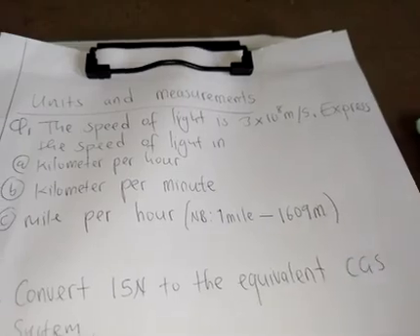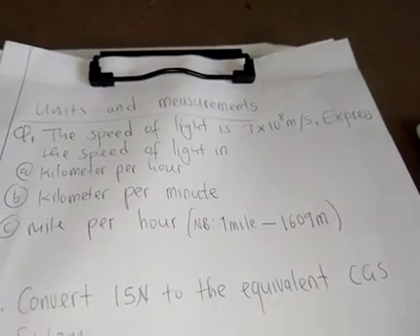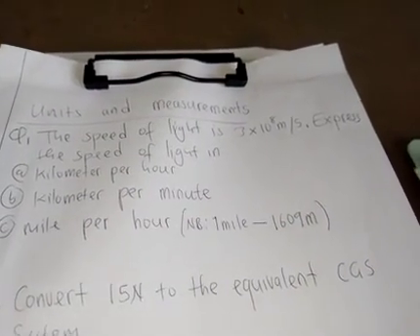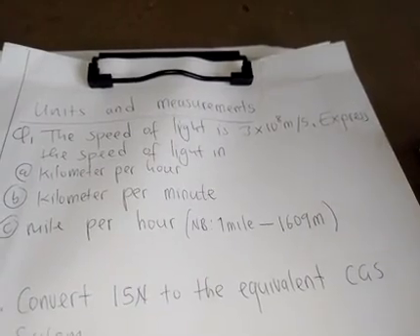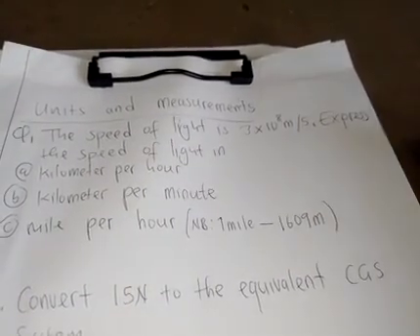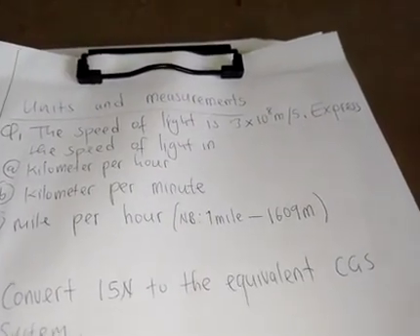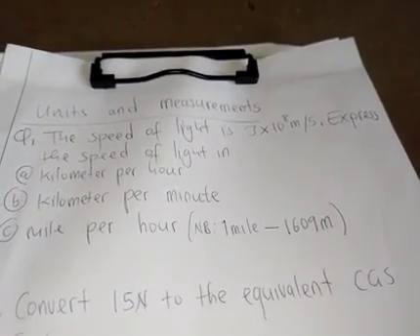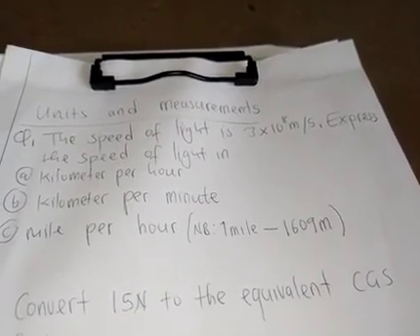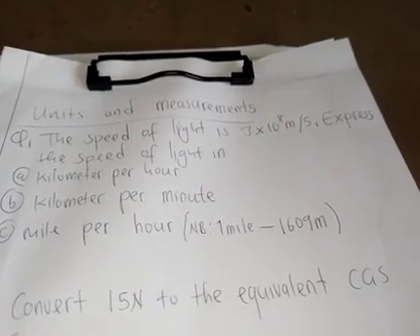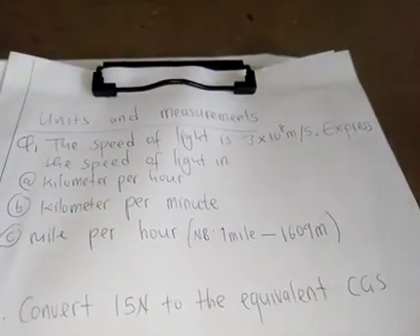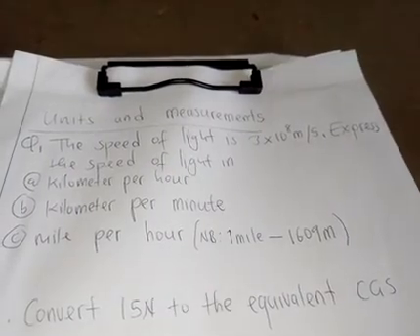question 1 reads: the speed of light is 3 times 10 to the power 8 meters per second. So that's the speed of light. Express the speed of light in A, kilometer per hour, B, kilometer per minute, and C, mile per hour.